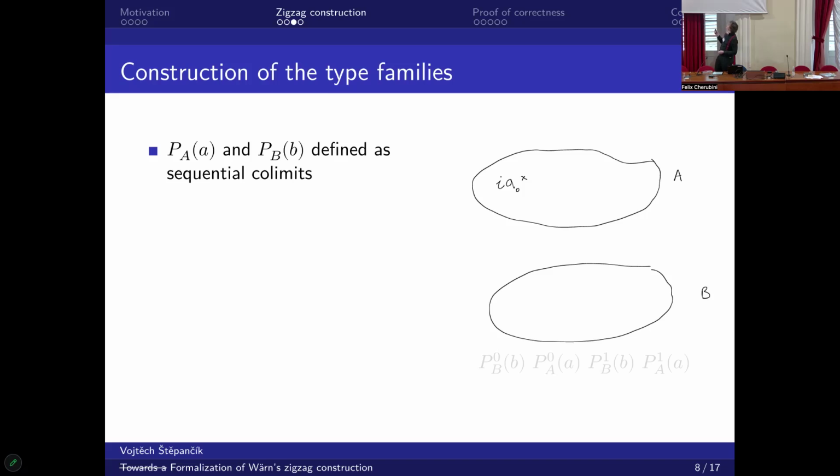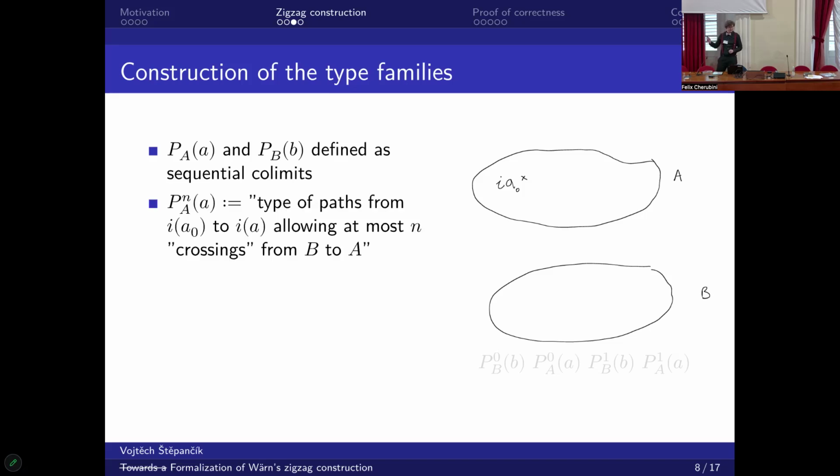And we take this one base point in the A component as our base point that we want to reach out from with our path constructions. We intuitively want to say that the nth stage of this construction is the type of paths from this base point to some other point, such that we allow at most n crossings from one component to the other.